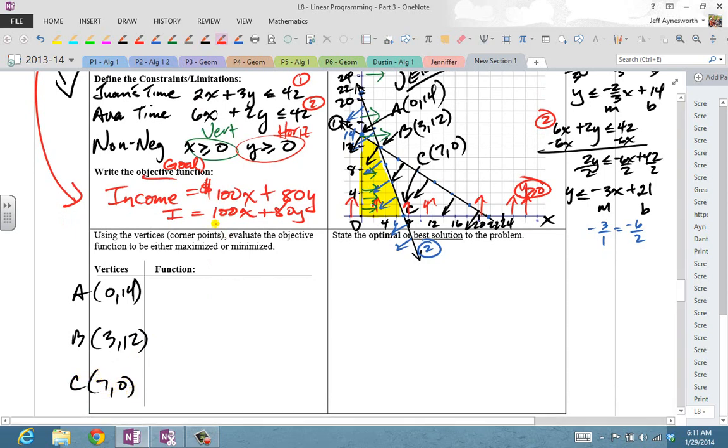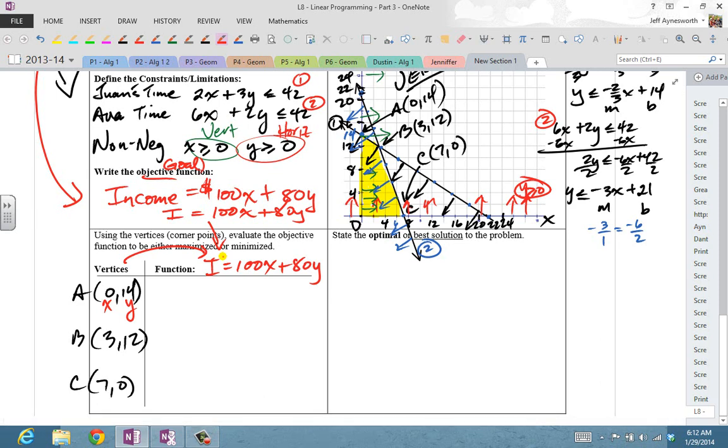Let's bring our objective function in. Okay, income is equal to 100 times x plus 80 times y, where x here is the first coordinate, y is the second coordinate, and remember we're substituting in. We're going to evaluate the corner points to see where our maximum income lies, and then we'll interpret the solution.